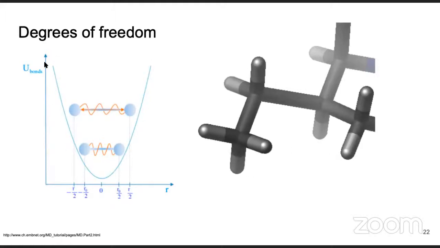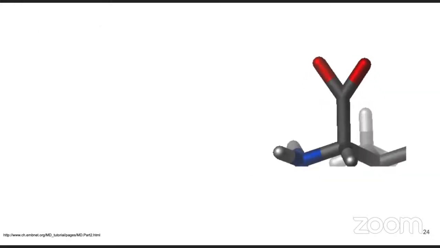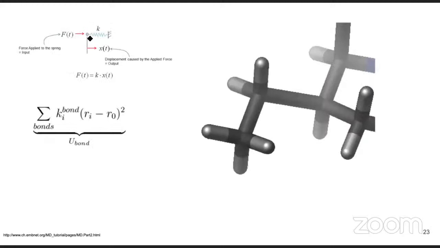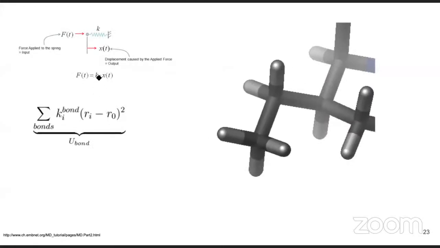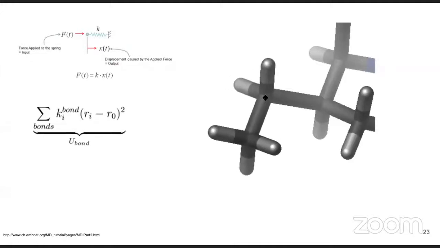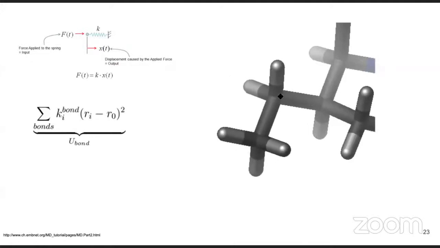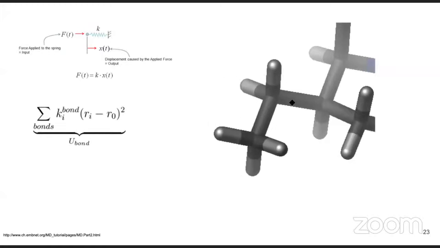So what does this mean? You will remember from your high school days that there is something called the equation of a spring, right? So you can take that equation of the spring and modify it slightly to represent the amount of interaction between these two atoms based on this bond, right?